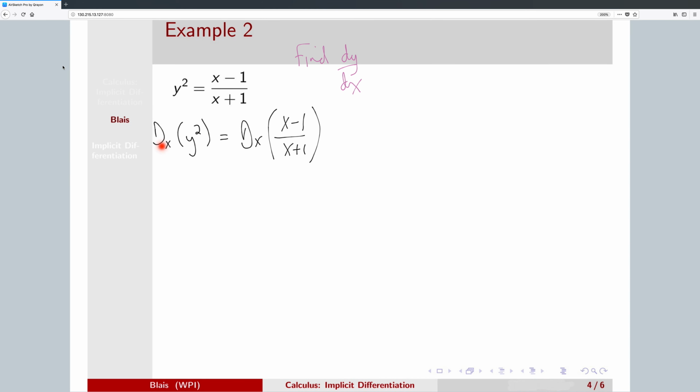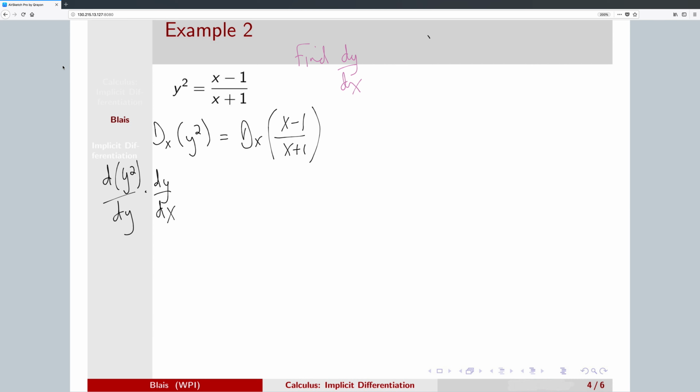You don't necessarily have to write the steps I'm about to write for the left-hand side, but I like to do this to make it clear how we are applying our chain rule. So we have the derivative of y squared with respect to y, times dy/dx. That's how we get the derivative of this y squared function with respect to x.